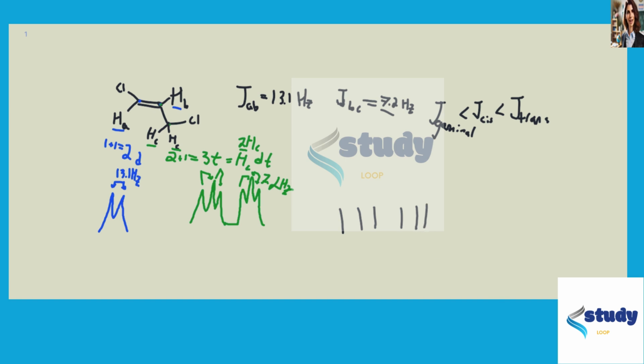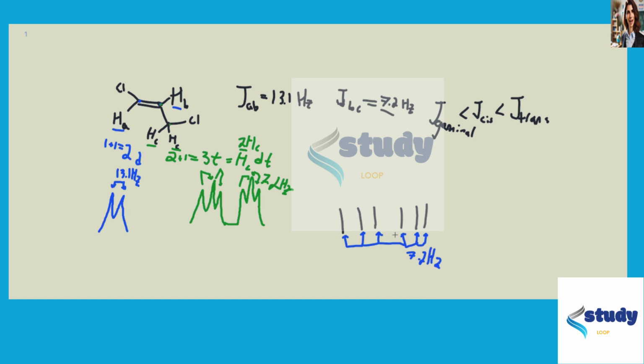And the space in between each of these peaks is going to equal our 7.2 hertz, and also between these two as well. It's obviously not drawn to scale, but the distance in between any two peaks is going to be 7.2 hertz.